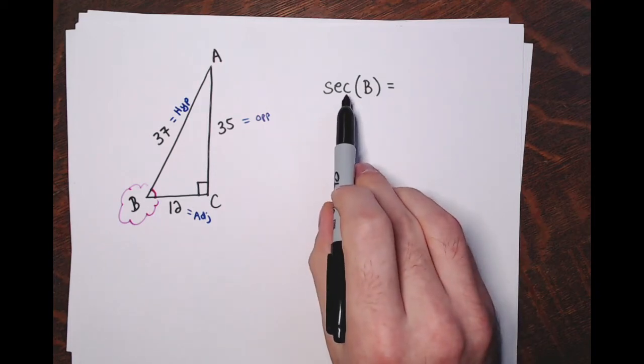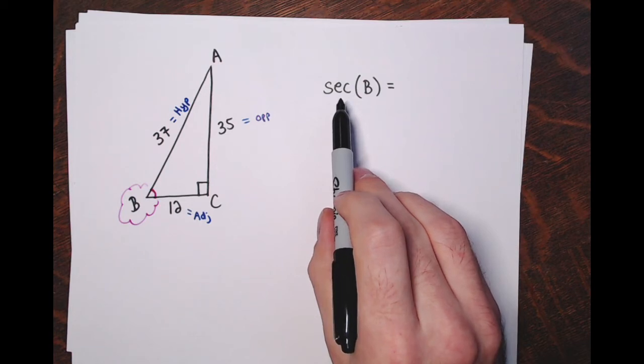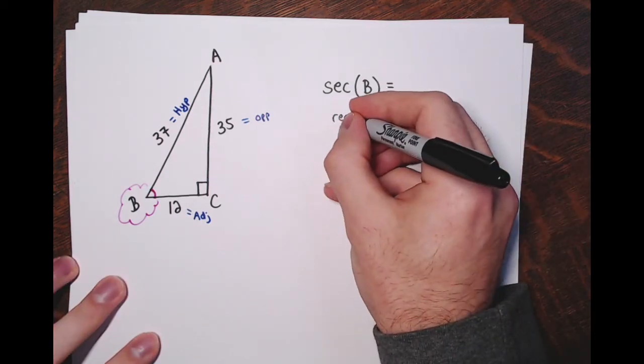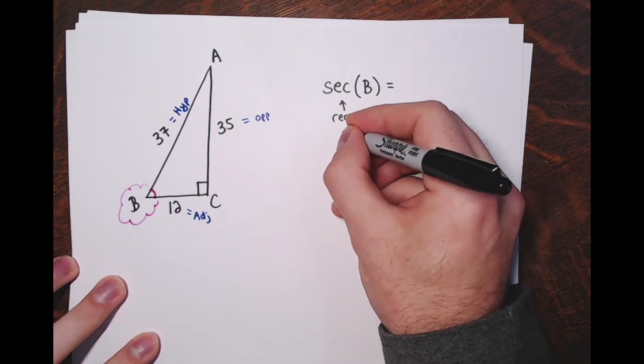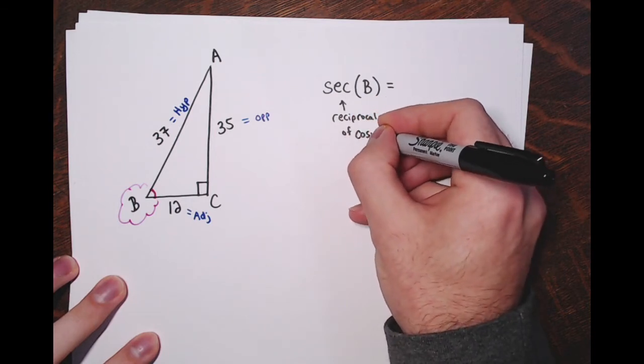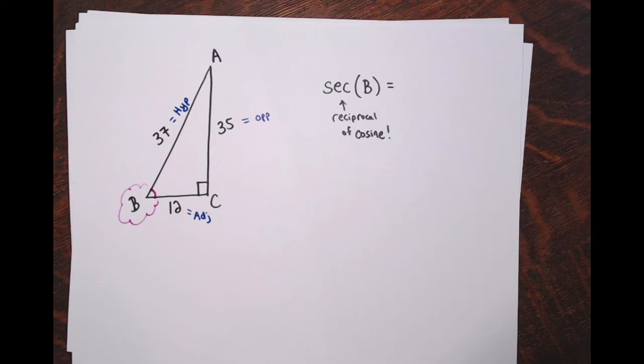Now remember, secant is the reciprocal of cosine. And what was the cosine of an angle? All right, the cosine of an angle is adjacent over hypotenuse.